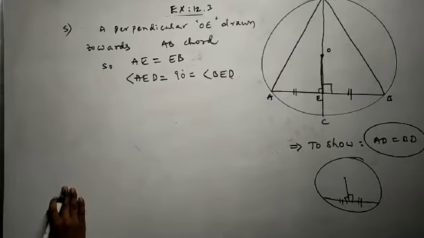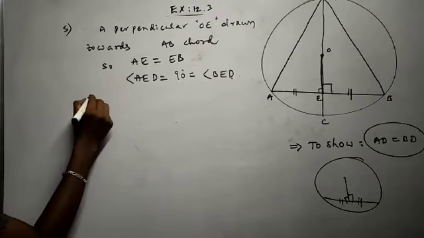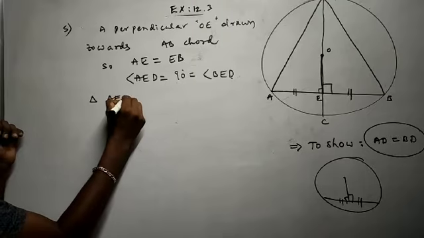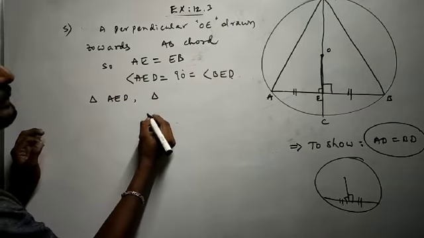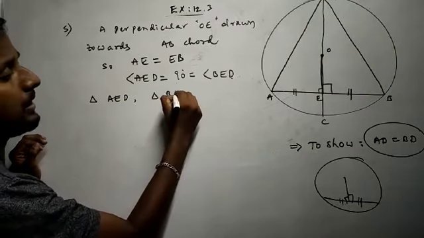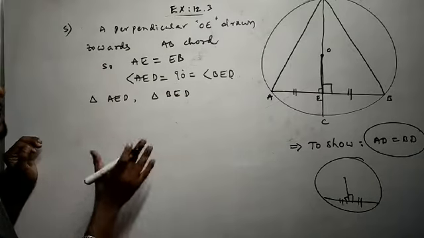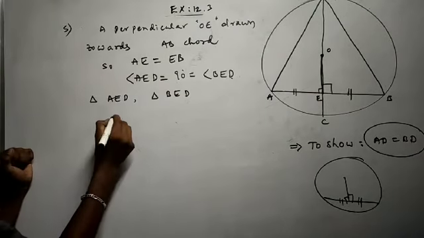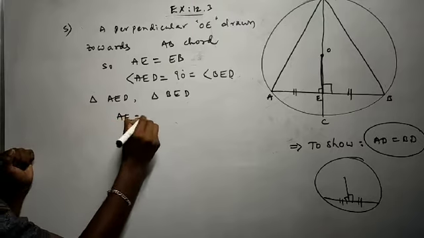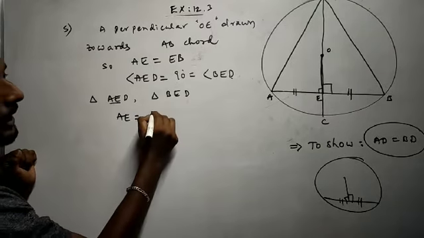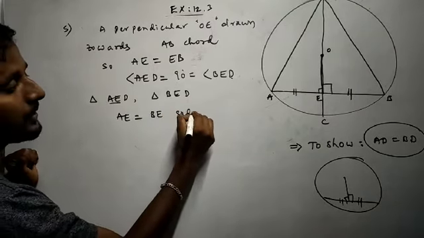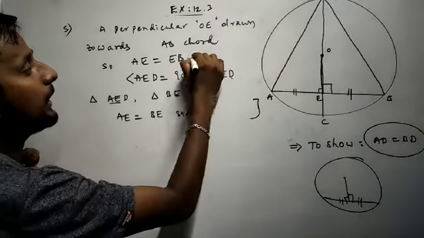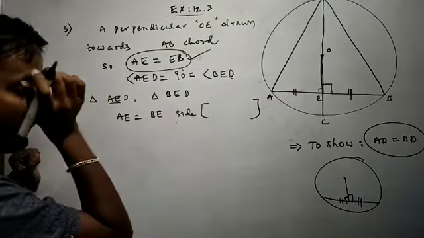Right. Next, if you start to compare, triangle AED, triangle BED. Now write down similar parts. First I'll write AE is equal to, look at the first two letters, AE is equal to BE. It's a side. The reason for equality, look at EB is nothing but BE only, correct?